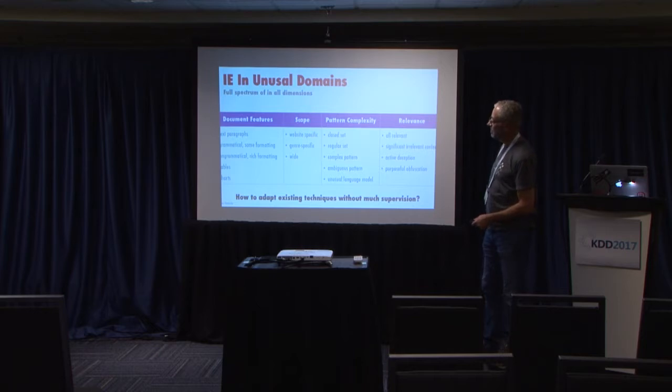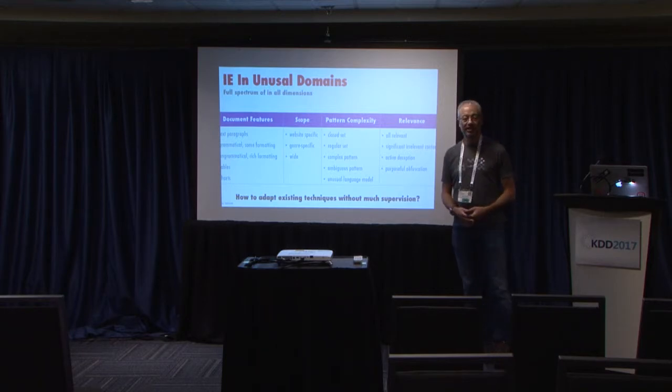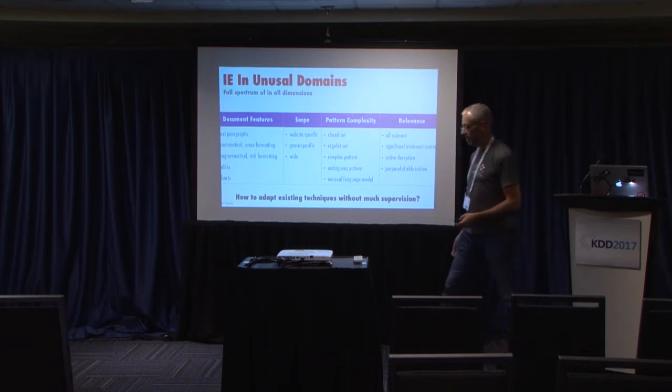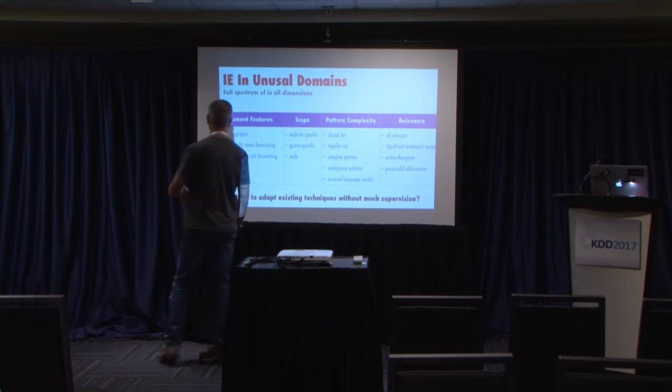So I think what happens in the unusual domains is that we get pages that are anywhere in the dimensions of the kinds of pages that you have. So we have things with text paragraphs.